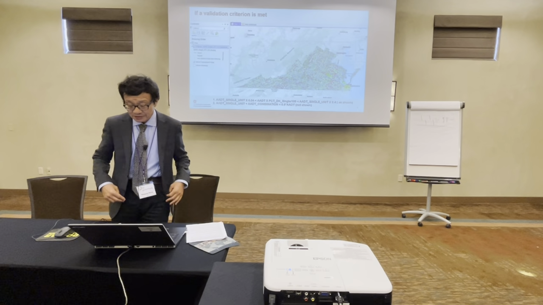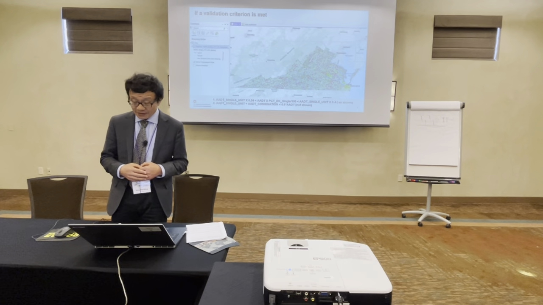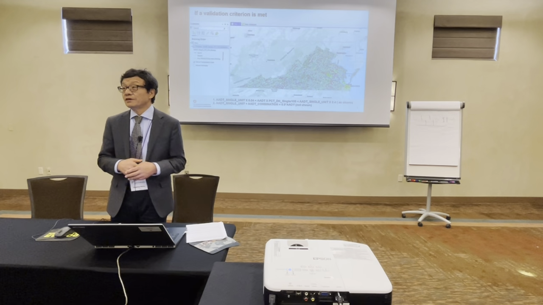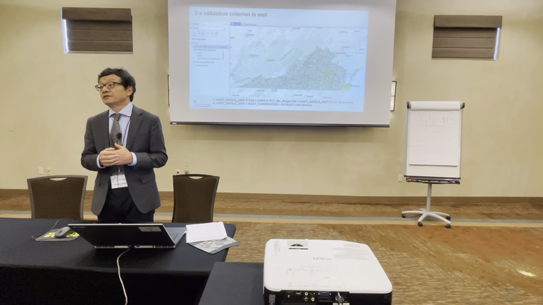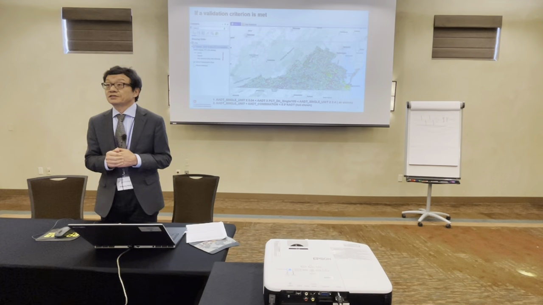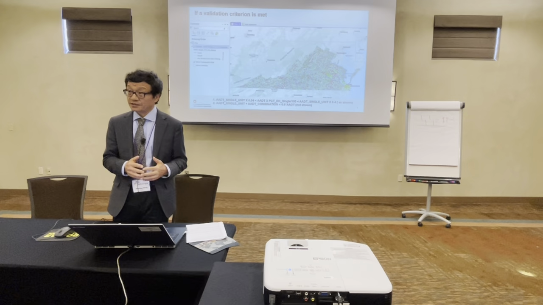In addition to each of those traffic data items on the map, the tool also provides two types of cross data item check validations. For example, we provided two criteria.